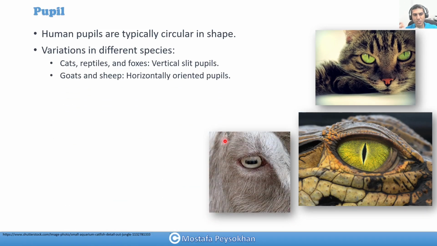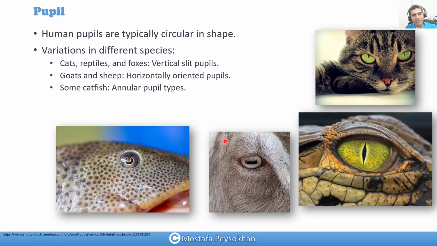For goats and sheep it is horizontal, and the reason is completely opposite, because they want to see a big field of view in the horizontal direction, since during the night something can attack them. And some catfish have an annular shape, which I didn't research that much.